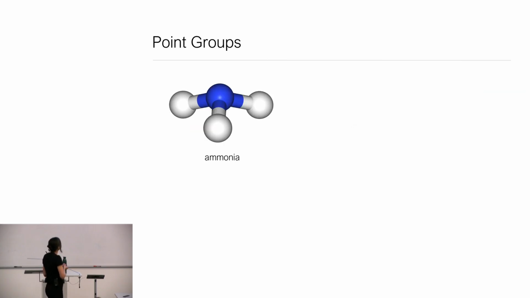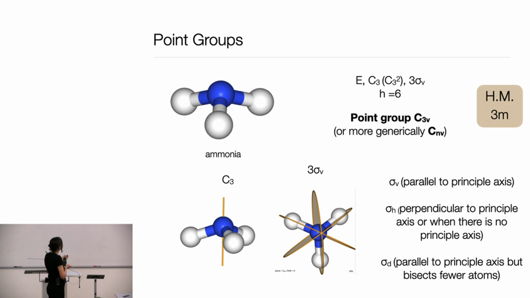Okay, and so we can go back to ammonia, which we already did together before. We identified that it had a C3 axis and 3 sigma V's. Again, just emphasizing that sigma V is when we're parallel to the principal axis, and sigma H when it's perpendicular.